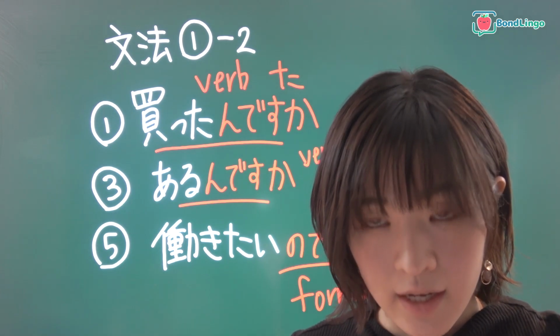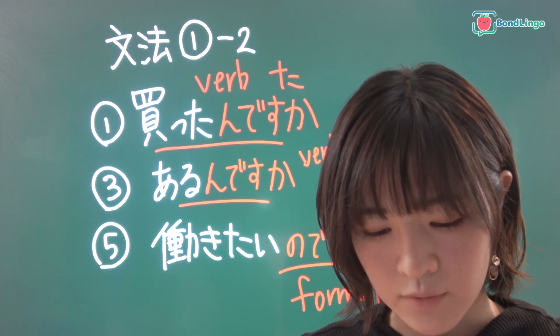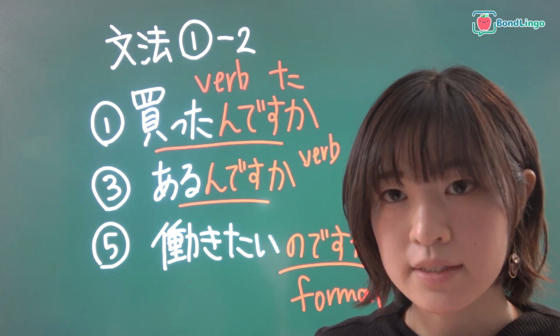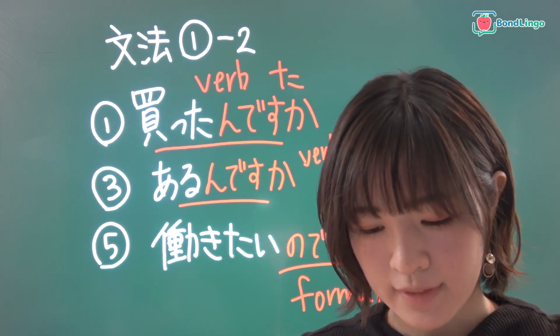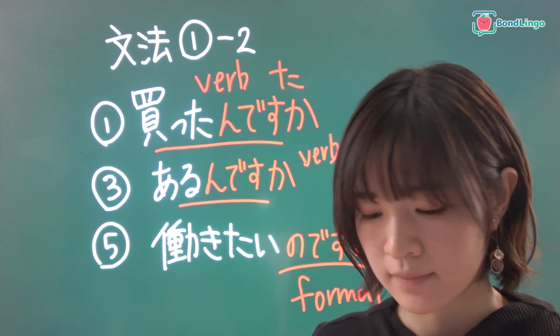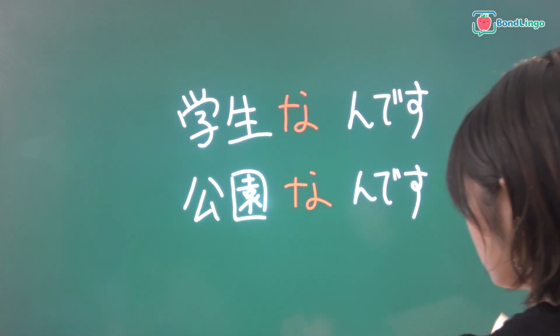Next one, 北. This means north. Next one, 南 means south. Next one, 東. This means east. And 西. This means west.